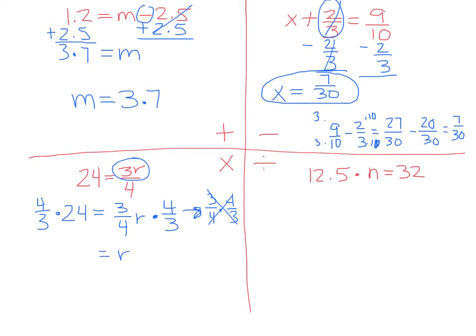So again, rewrite it with the variable next to it. We can see that we're multiplying the 3/4 times the r. We want to get rid of 3/4, so we're doing the opposite of the 3/4 and multiplying by its reciprocal. So do the same thing over on the other side.